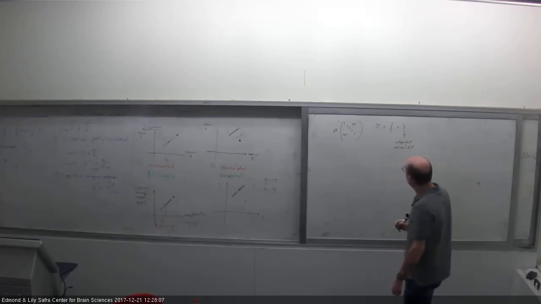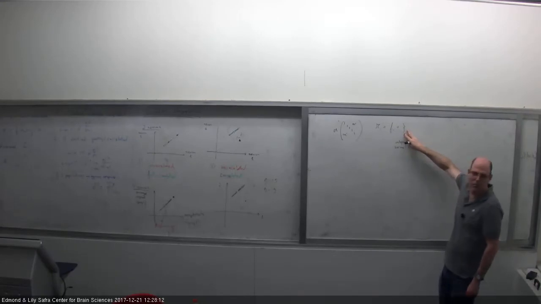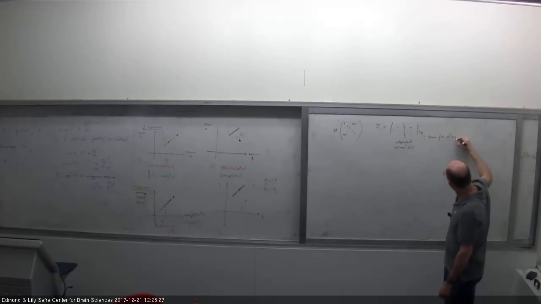So in each neuron, I draw the response by taking the mean response, adding to it some noise which is independent in the different neurons, and then I add to all the neurons some other noise. Let's call it Xi_0, which is the same for all neurons, and normally distributed.